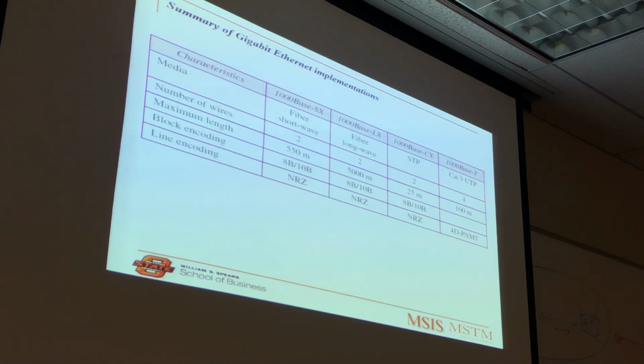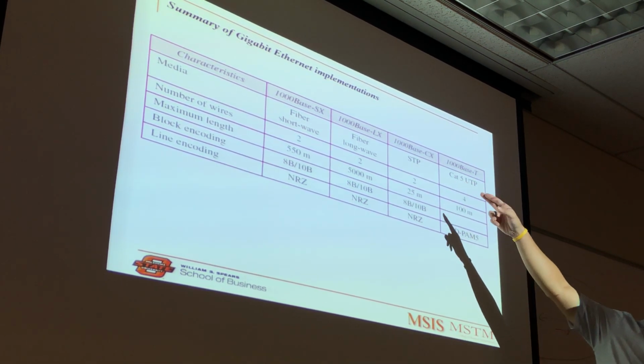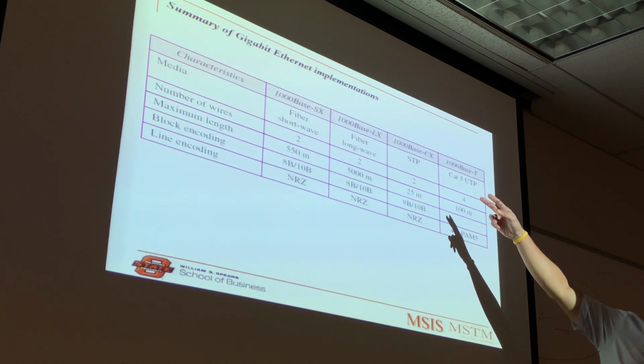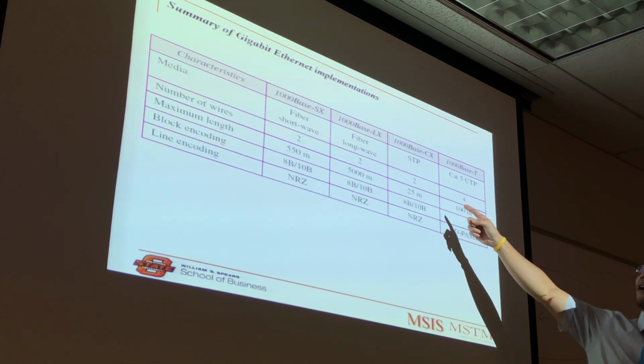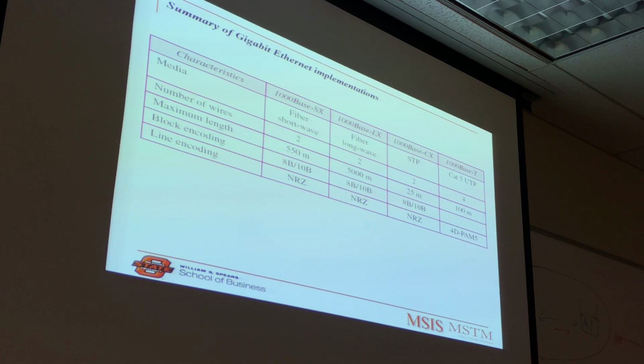If you use copper, you may want to use a standard that uses STP instead of UTP. U stands for unshielded, S stands for shielded. So that can provide higher quality and better noise insulation characteristics for higher speed transmission.